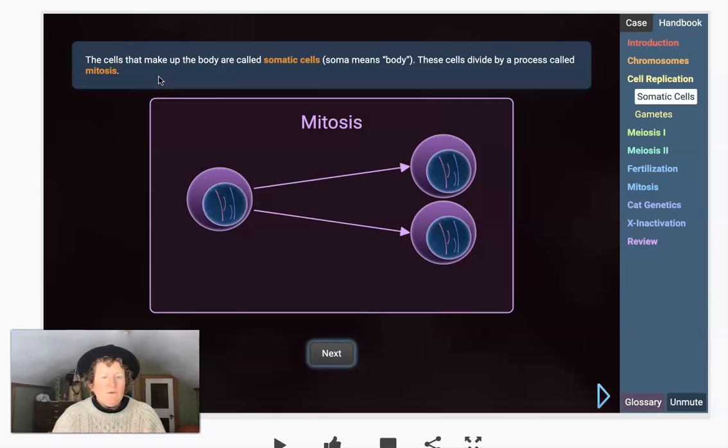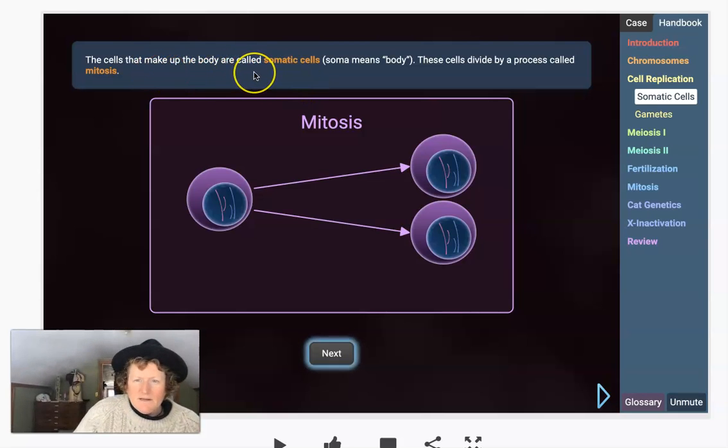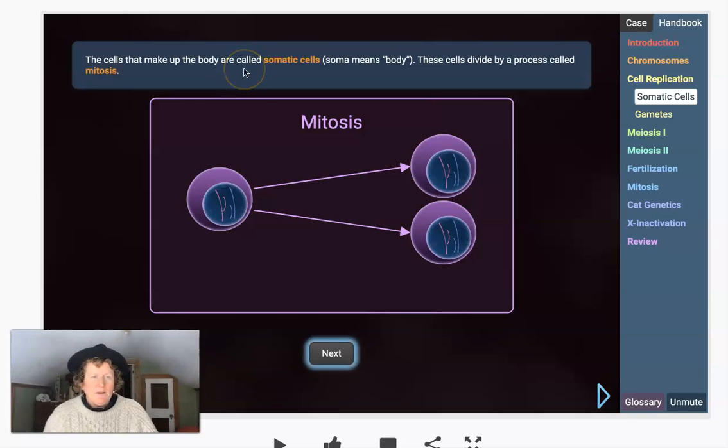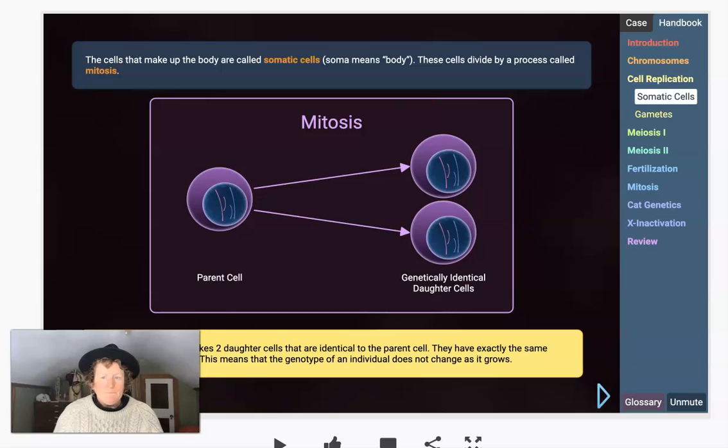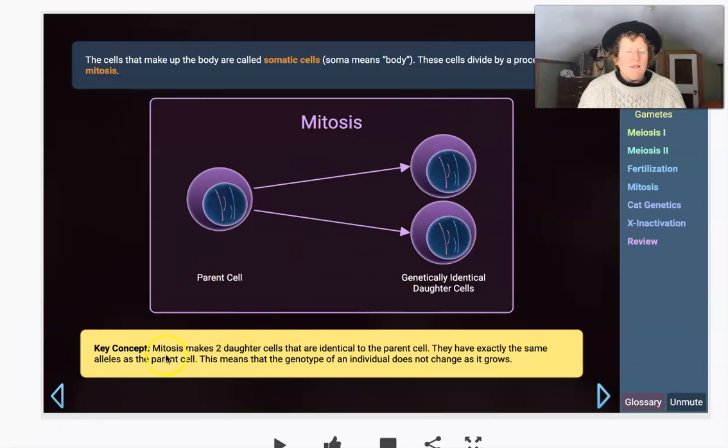Mitosis is just for reproducing exact copies of your cells. Your somatic cells divide by a process called mitosis. A key concept here is mitosis makes two daughter cells that are identical. They have the same number of chromosomes, they have the same alleles as the parent cell.